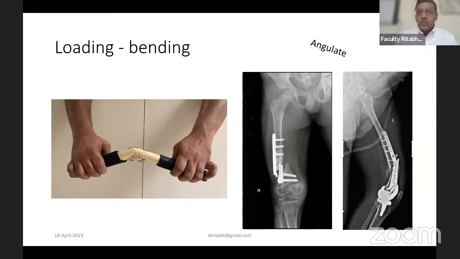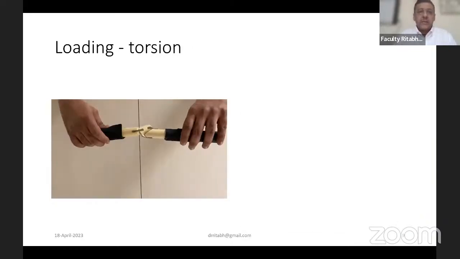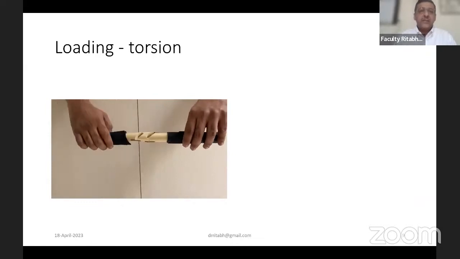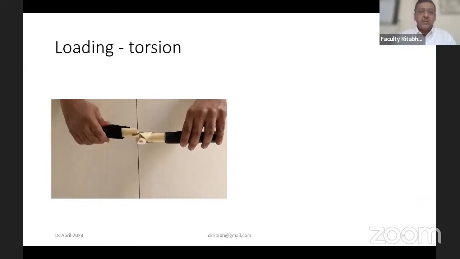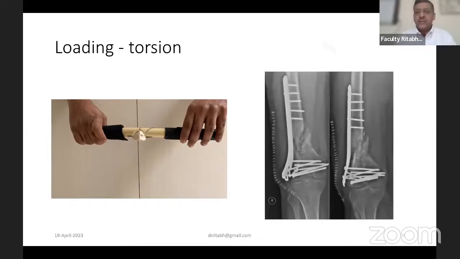The third load or stress that we talk of is torsion. Torsion forces, as the word implies, tend to twist the fracture. So as you can see in this presentation video, fracture fragments are twisting on loading. These tend to cause rotatory displacements. So rotation is something that is better appreciated clinically, radiologically.